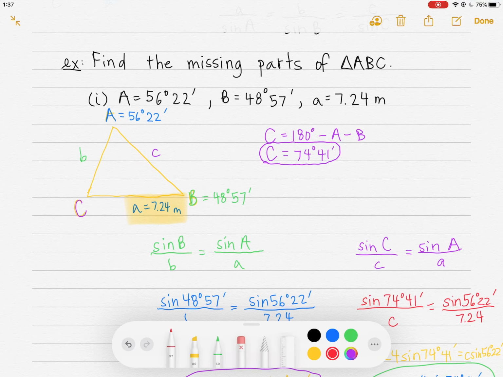When you are given an angle and the side opposite that angle, that means you're going to use the law of sines. Now, when you're given two angles, you find the third angle, then find the two missing sides, and you're good to go. I am going to pause my video and do another example.